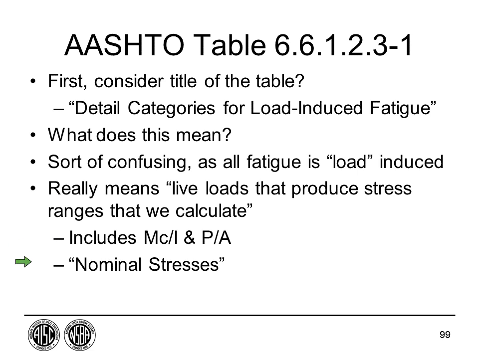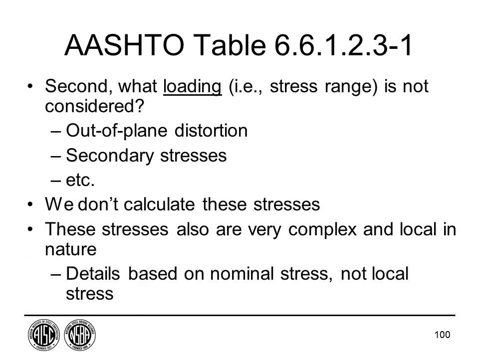These are stresses we calculate, which then leads to the next question. Well, then what isn't included? What stress ranges do we have that aren't included? And that would be what's referred to as out-of-plane or secondary stresses. We don't calculate these. As an example, we design components. We design girders and floor beams and stringers and different components separately.